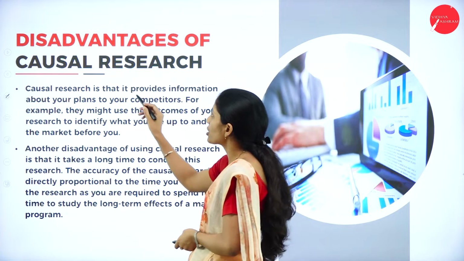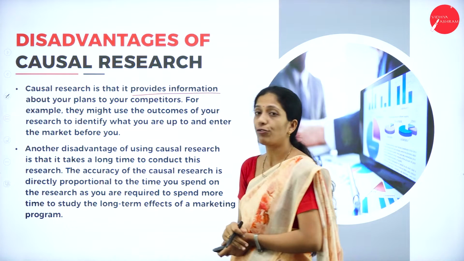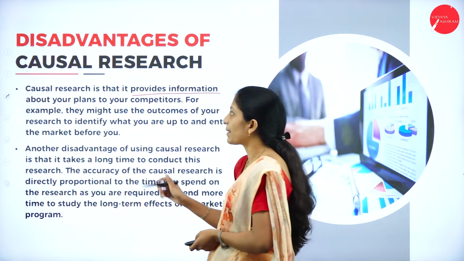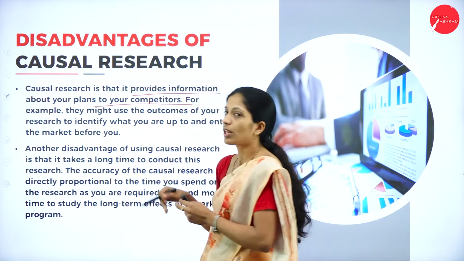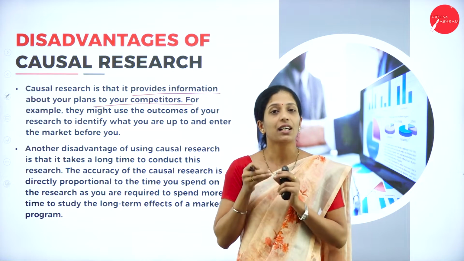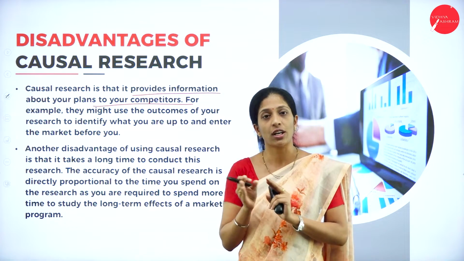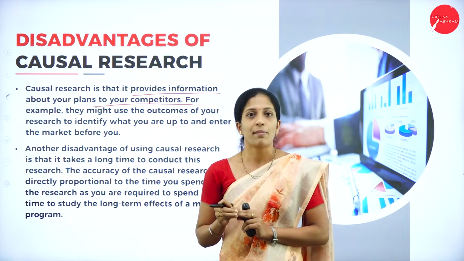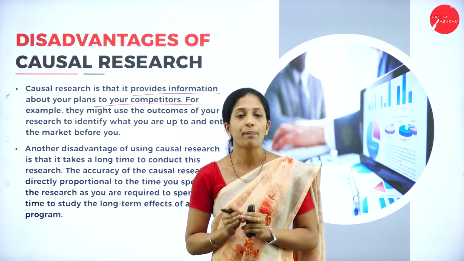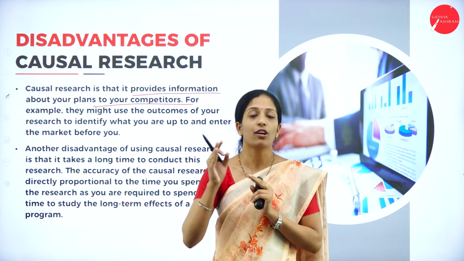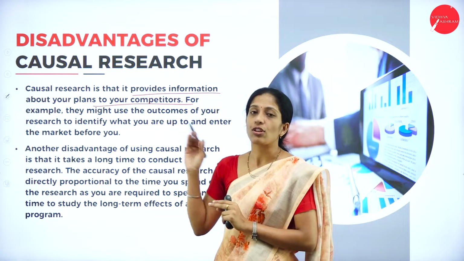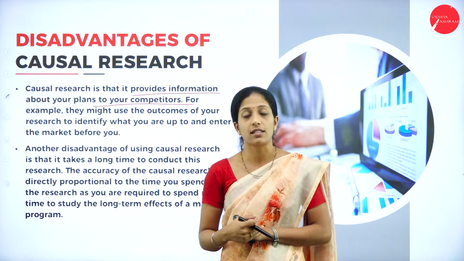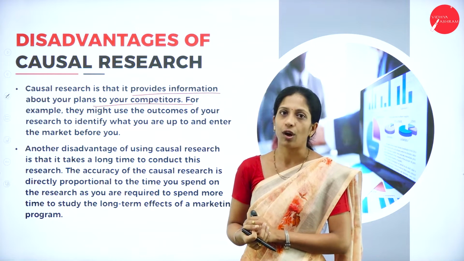The next one is, causal research provides information about your plans to your competitors. Normally what happens under causal research is that the information collected by the researcher goes to its competitors. Of course, in order to sustain in the market, there should be a healthy competition. But in the case of causal research, whatever information is collected by the researcher will be leaked to the competitors.